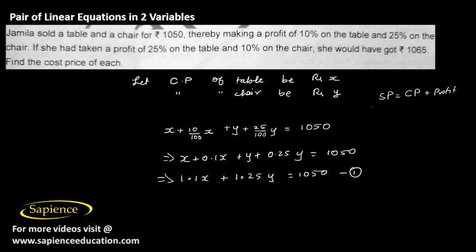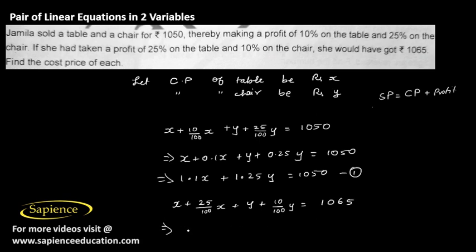Now there is a different case of sales. If she takes a profit of 25% on the table, so instead of 10% on the table, this time she is taking 25% on the table and a profit of only 10% on the chair, and this time she sells both of them at a price of 1065.